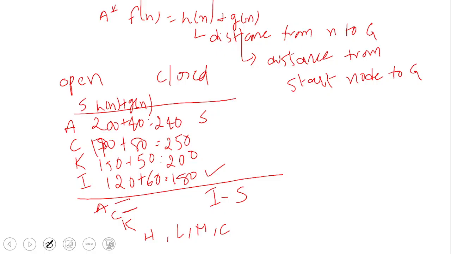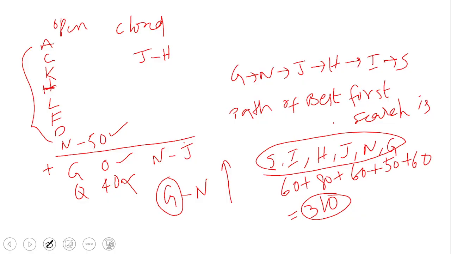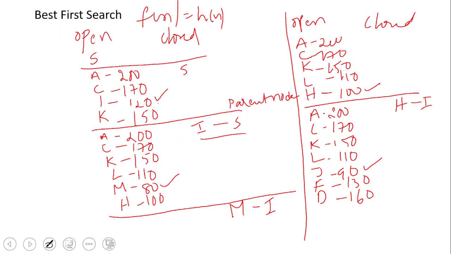So A is having 240 previous values. C is having 250 and K is having 200. Now H, L, M, C. Okay. So what are the h of n values? First this one is 140, and L is 110.